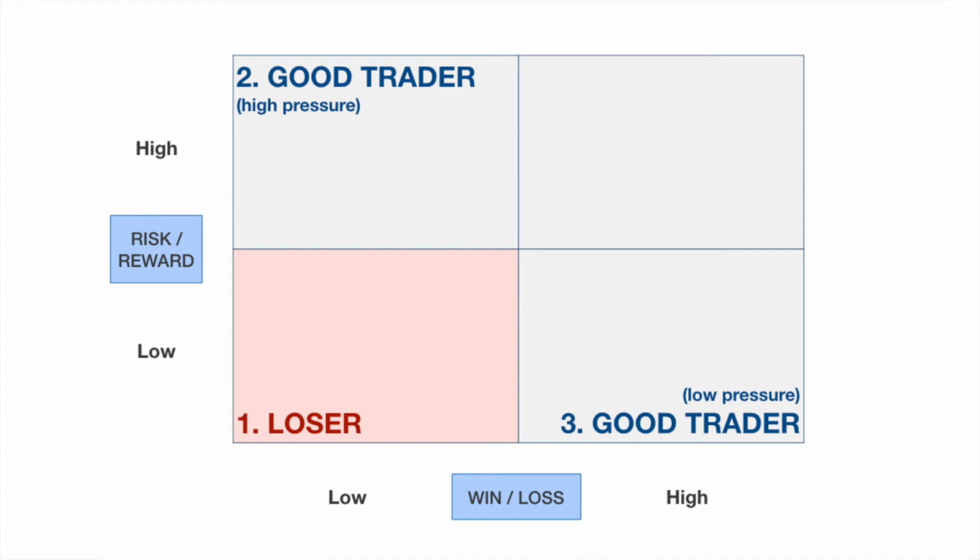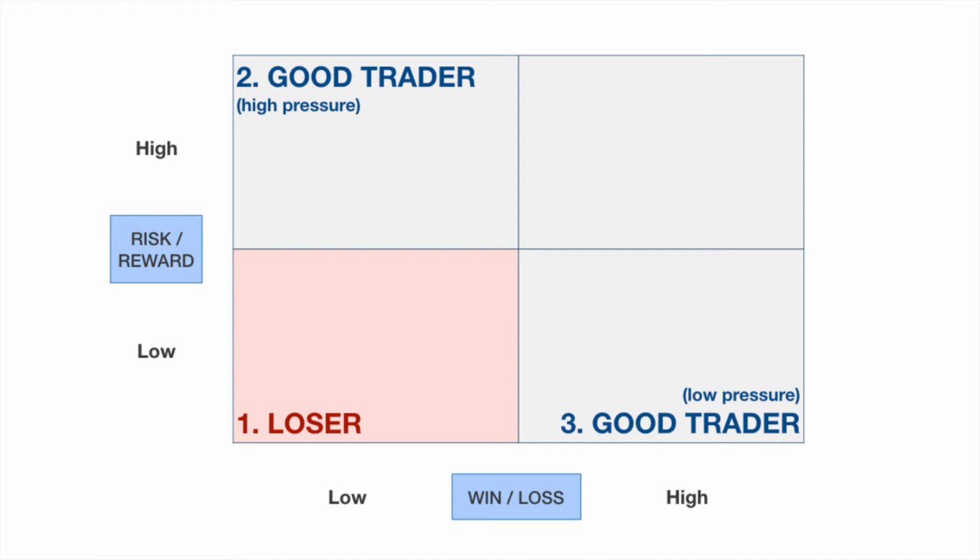And in this case, the risk reward could be as low as 1-to-1 or maybe lower, I don't know, but it's typically low, or at least you accept a risk reward which is significantly lower than most traders do. So you don't expect big wins, but rather a consistent number of small wins.